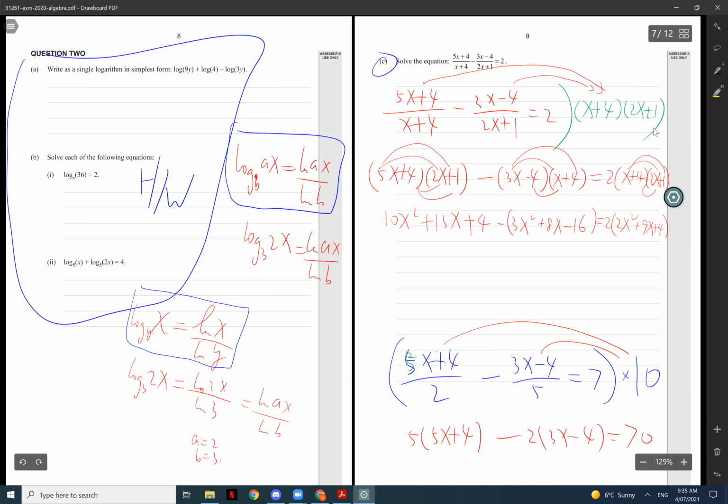Oh, this is plus 8. It's plus. 10x squared minus 3x squared, 7x squared. 13x minus 8x, 5x. Here, minus negative 16, 20.